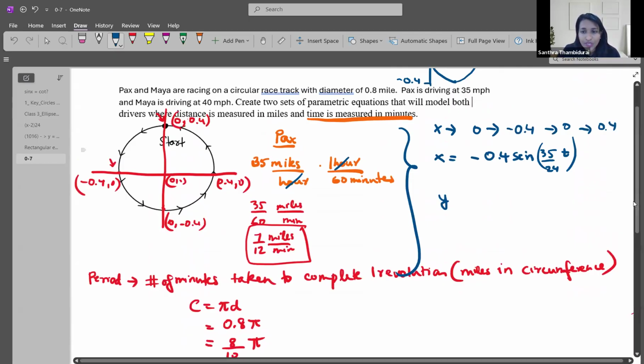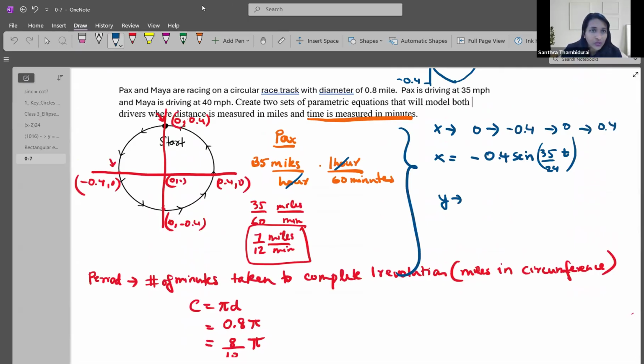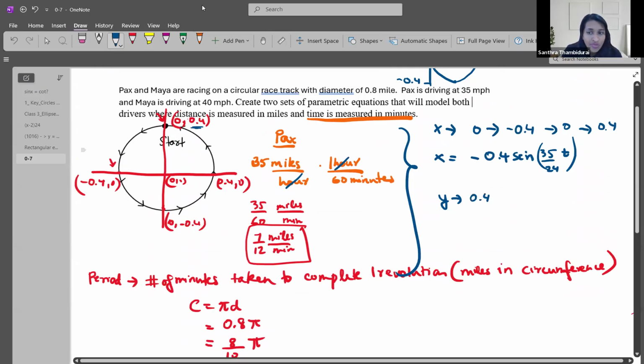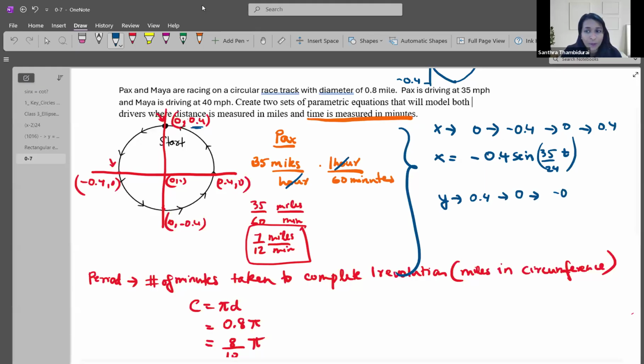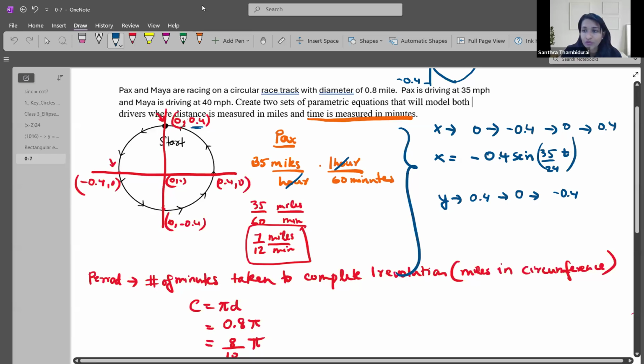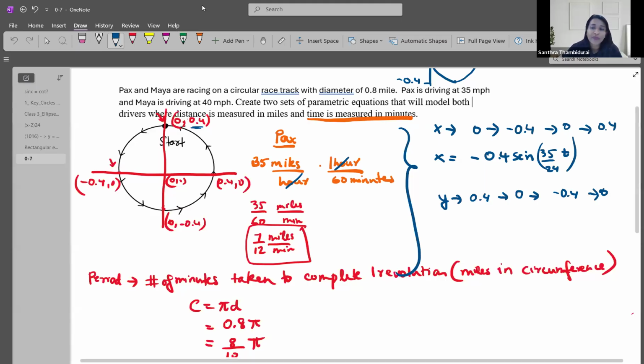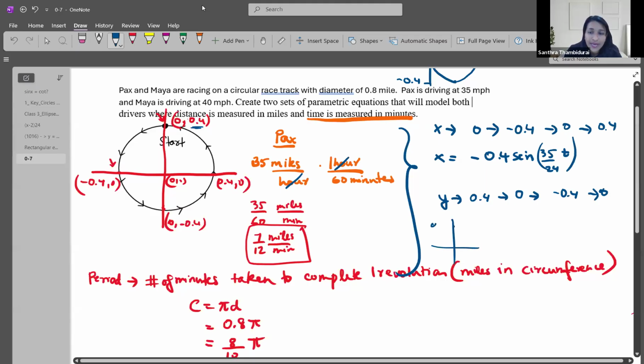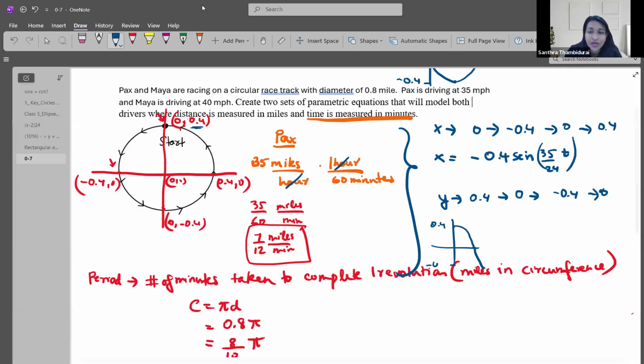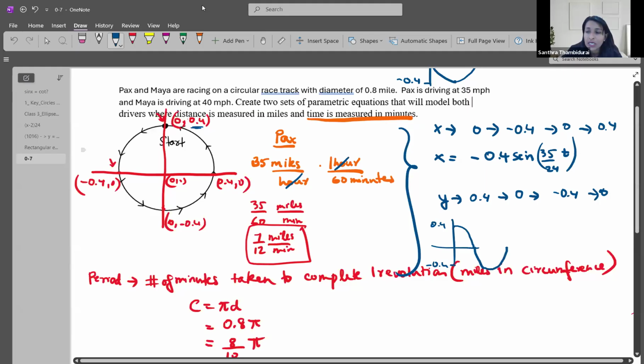Now let's look at your y coordinates. Starting at 0.4, then you're going to go to 0, then you're going to go to negative 0.4, and then you're going to go to 0, right? That looks like your cosine curve, because in your cosine curve, you start at the maximum, then go down to your midline, which is 0 here, then to your minimum, which is negative 0.4, and then back to your midline.